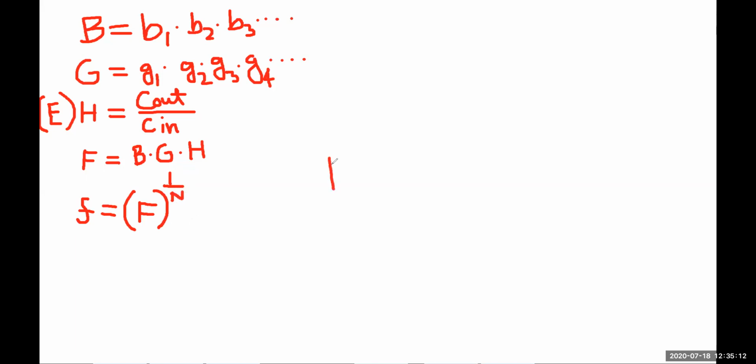Remember, it is not f divided by n. Do not write that. This is actually a power, not division. So people make this mistake. In the calculator, they give a bracket, they write f, they write 1 by n. Remember, this will go up, right? Yes, sir. This is the power. Now, this is your f.